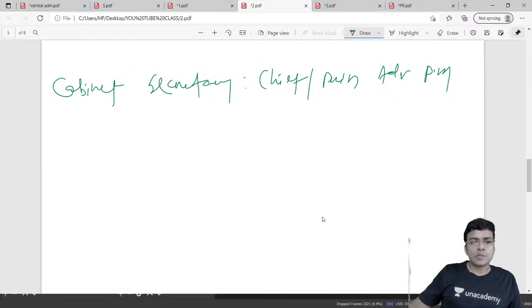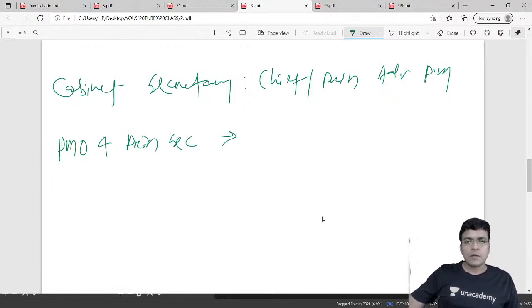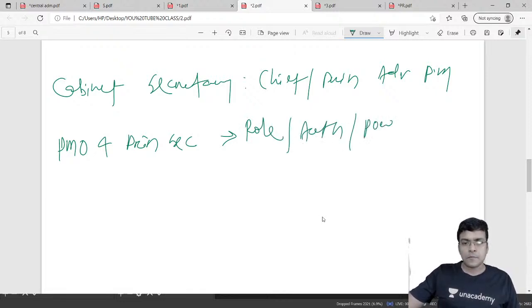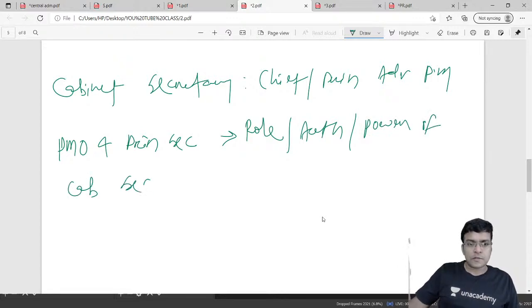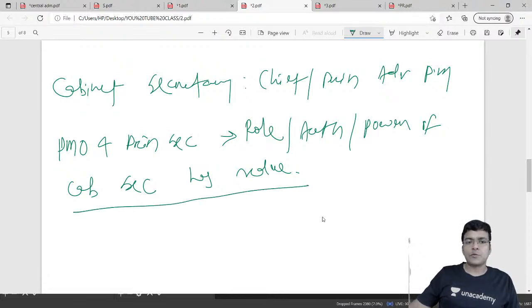But after the emergence of a powerful PMO and this principal secretary, the role, authority, and power of the cabinet secretary has reduced.